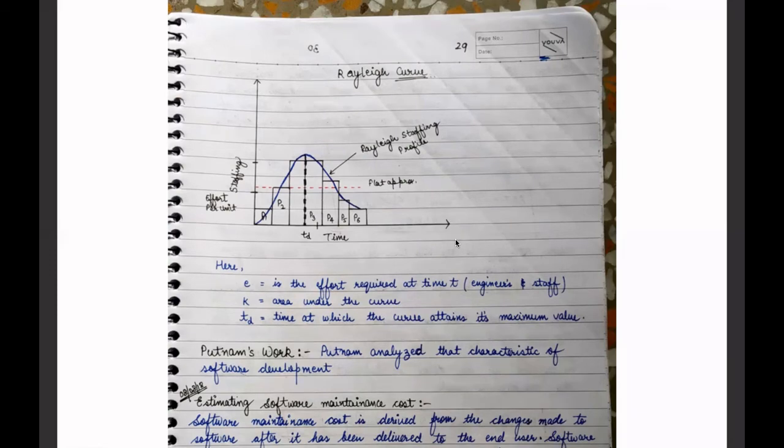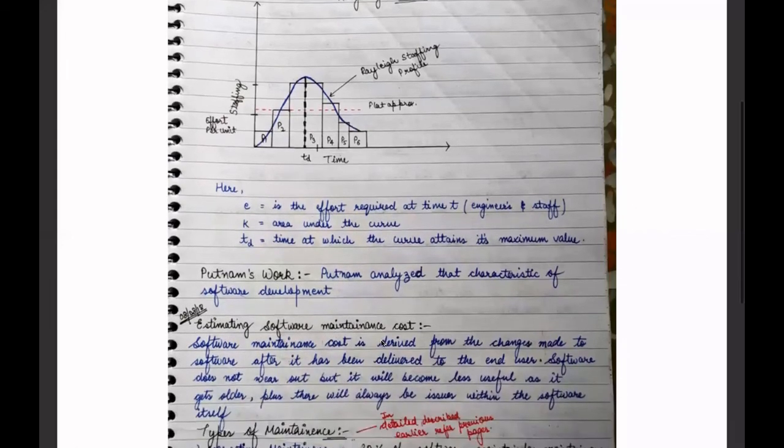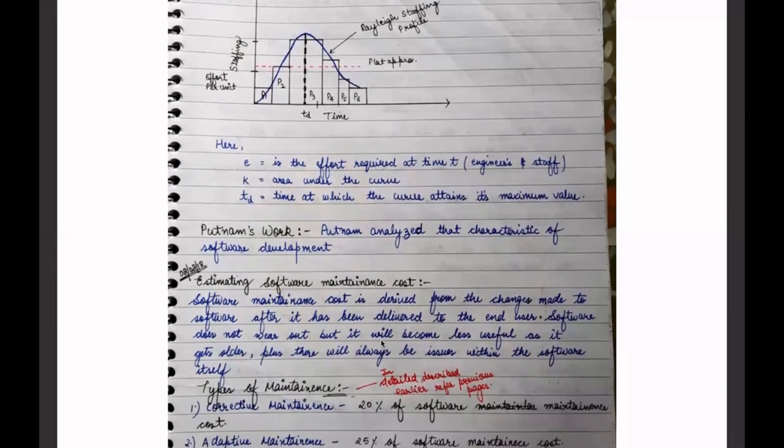Now moving to the next topic, which is estimating software maintenance costs. It is very important because this phase is done after completing the overall software. Software maintenance cost will typically form 75% of the total.